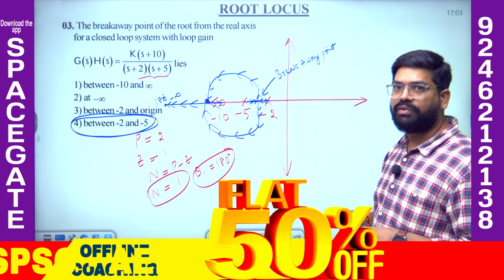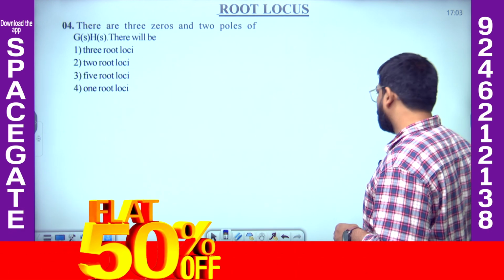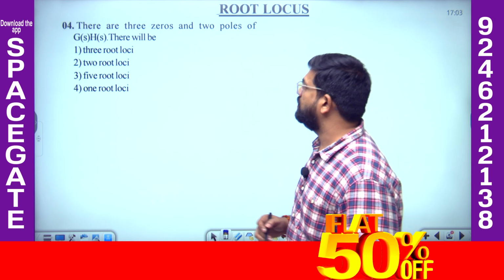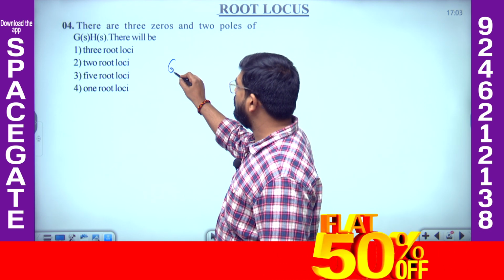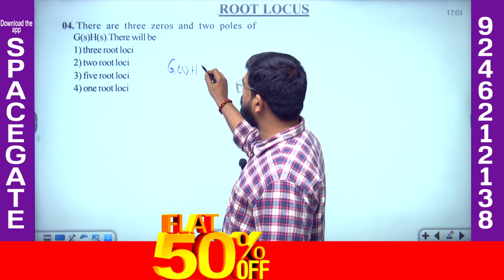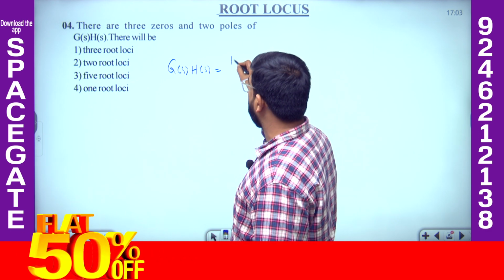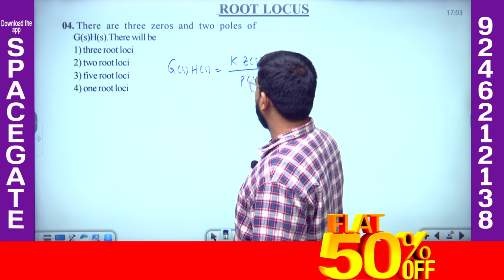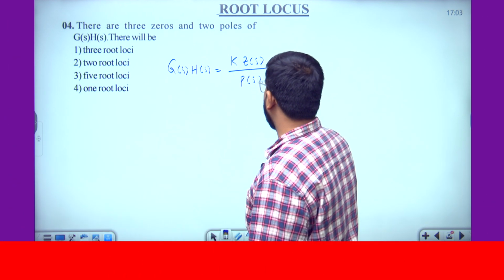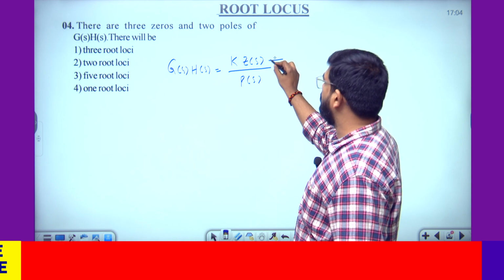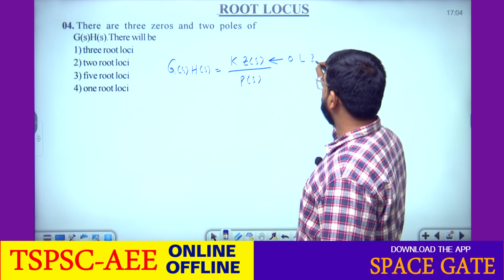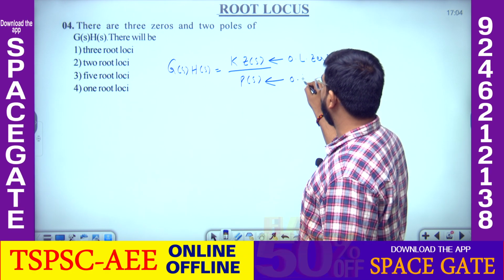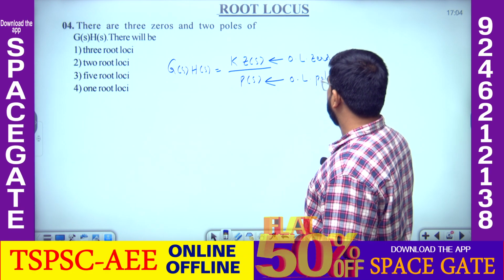Now let us move on to the next question. Here, if you see that there are 3 zeros, okay. So if you observe here, the open loop transfer function will be in standard form like this, K into Z of s by P of s, where Z of s gives the open loop zeros and P of s gives the open loop poles, right.